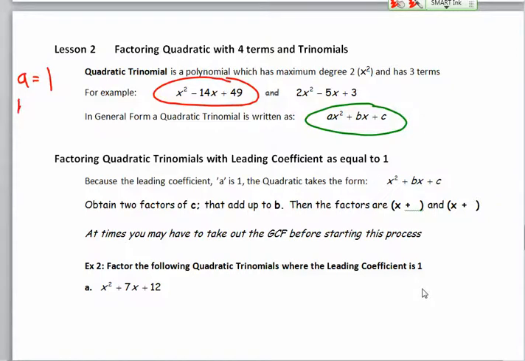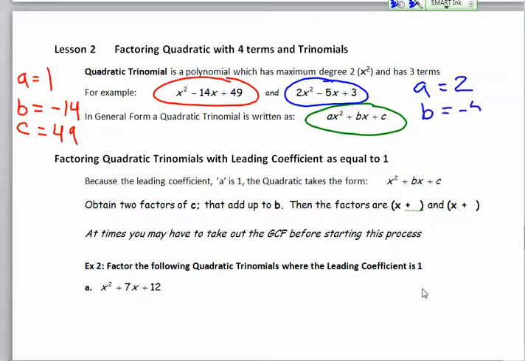My b will be negative 14, and my c will be 49. If I look at this trinomial right here, my a would be a 2, my b will be a negative 5, and my c will be a 3.